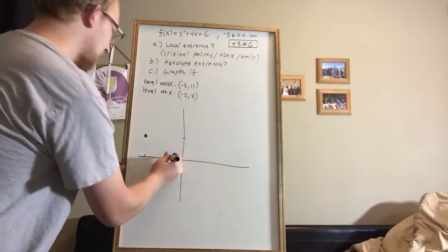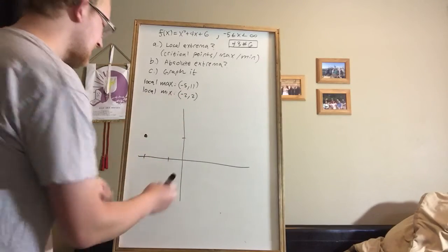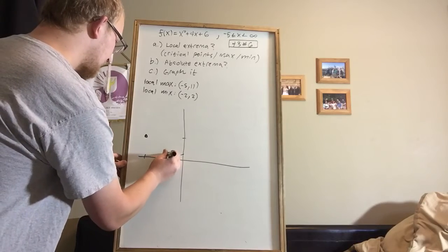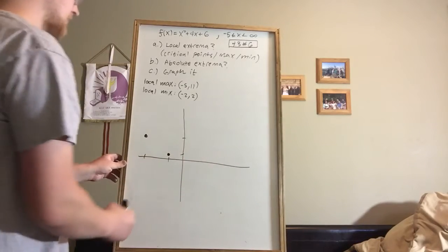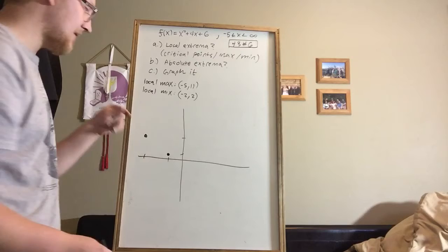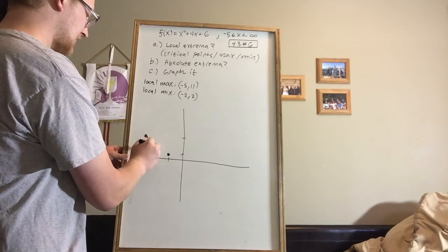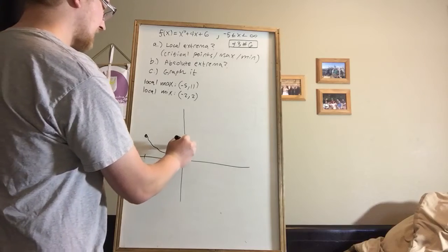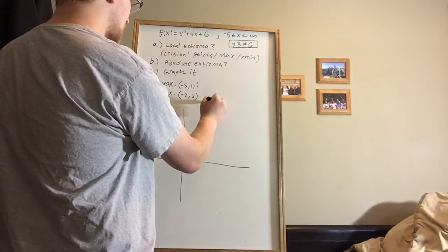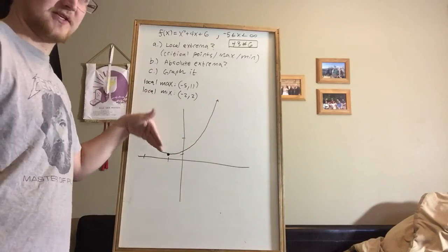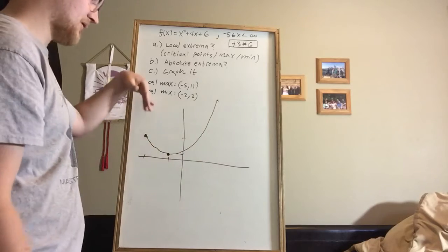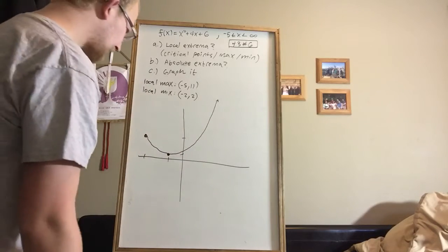We know we have a local minimum at minus 2 in the x and 2 in the y. Now, if it's always concave up, because the second derivative was always concave up, then we know that the slope must always be increasing. Not the value of the graph, the value of the slope must be increasing, so we're turning upwards the whole time.